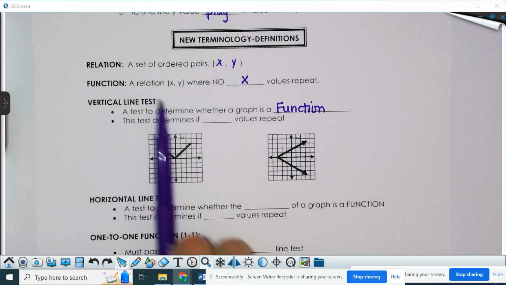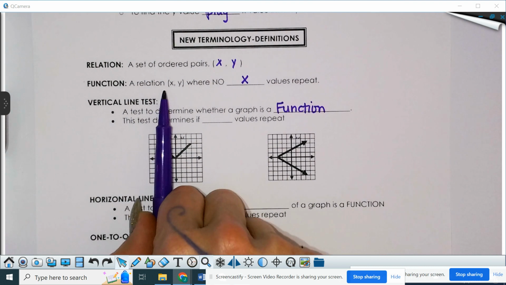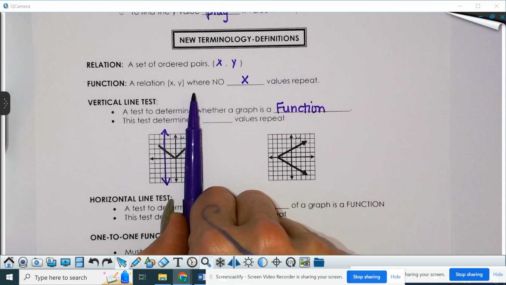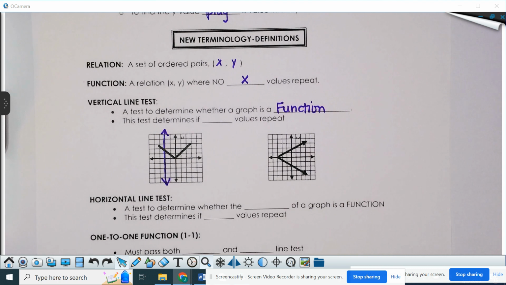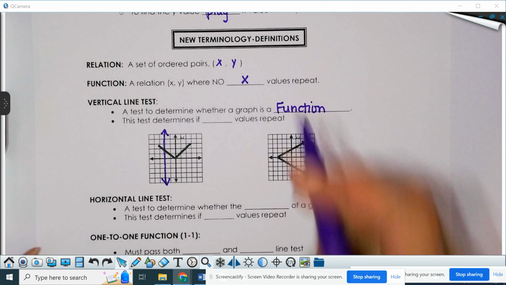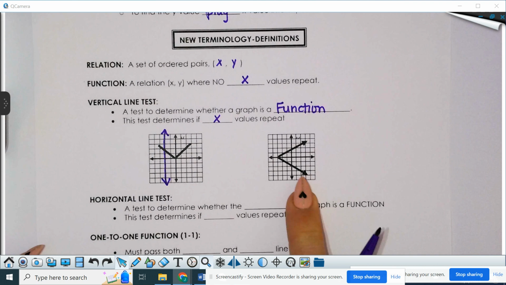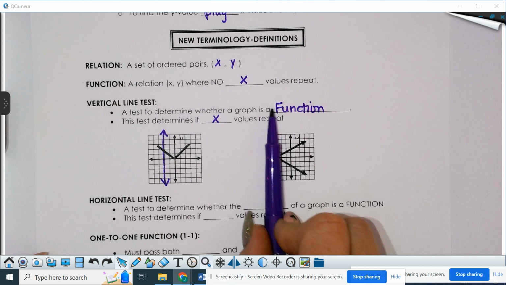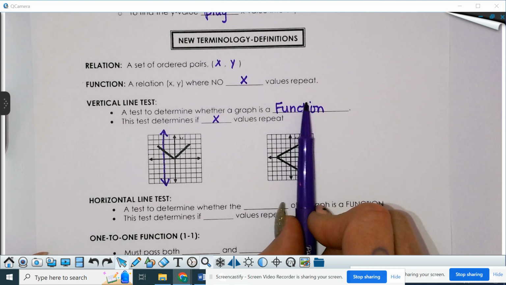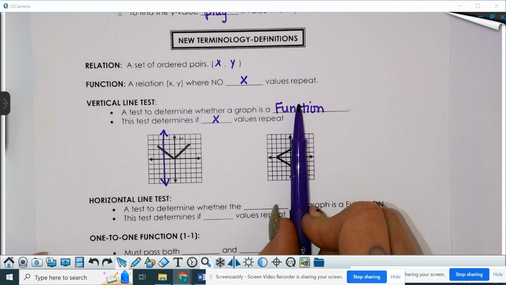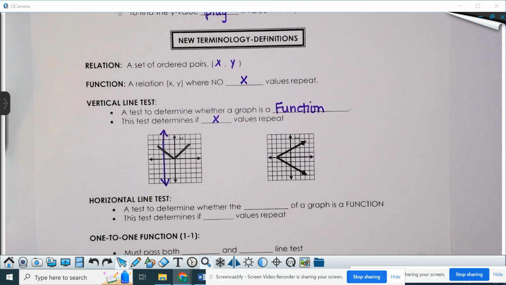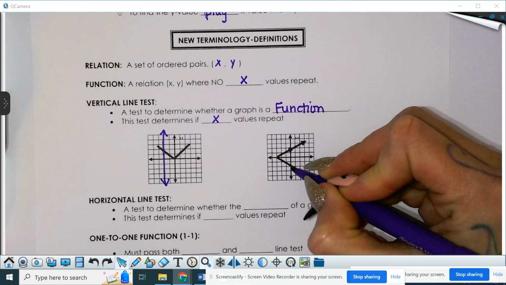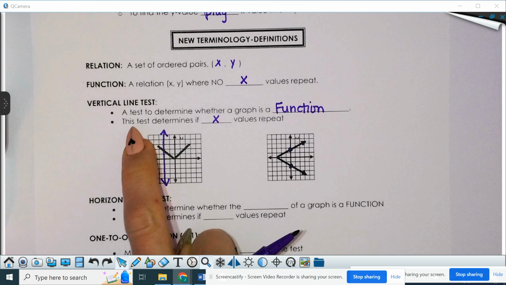So if you take your pencil or a piece of paper and you go along the graph from left to right, it should never touch the graph twice. And this test determines if the x values repeat. So vertical line test, this is a function. Vertical line test on this one, this is not a function because it touches twice, like your y-axis shows you that it touches twice here.